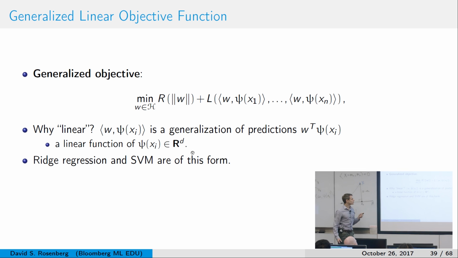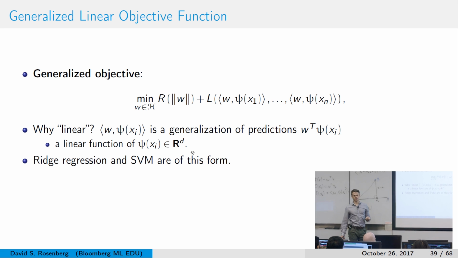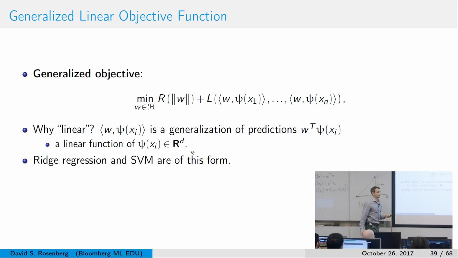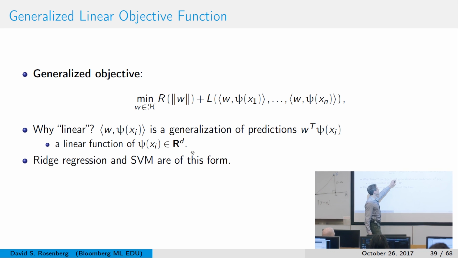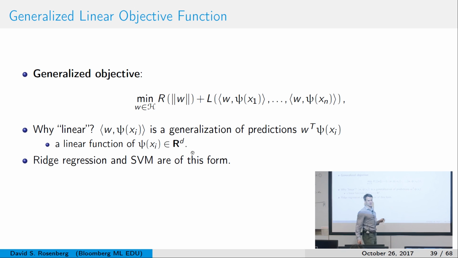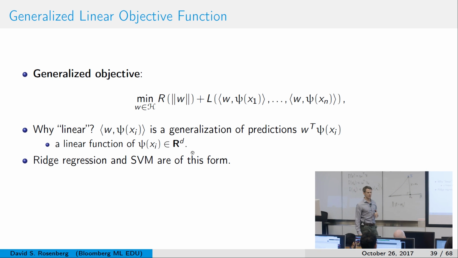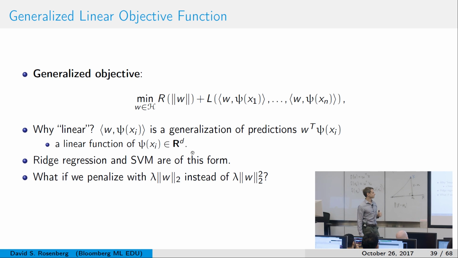All right. So ridge regression and SVM are both of this form. Is lasso of this form? No. That's the point I was making earlier: if you wanted to put the L1 norm here, there's no inner product that corresponds to it. So it's not of this form. But the other things we've talked about are.